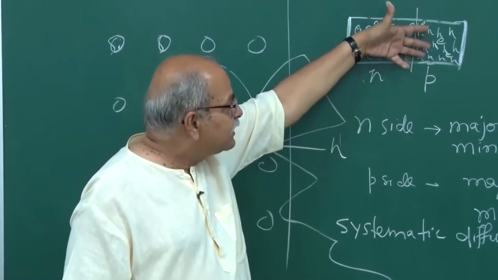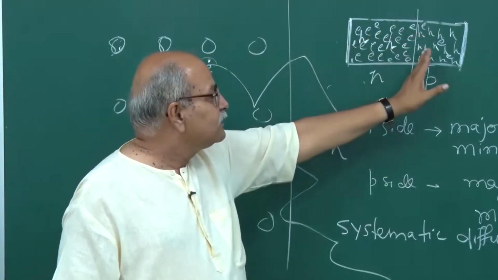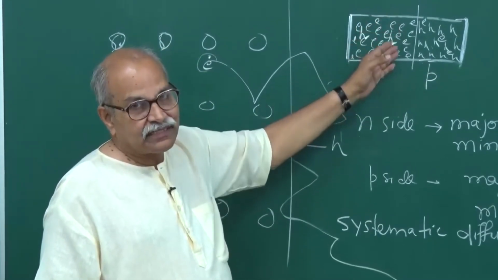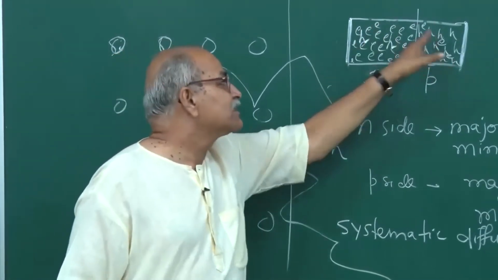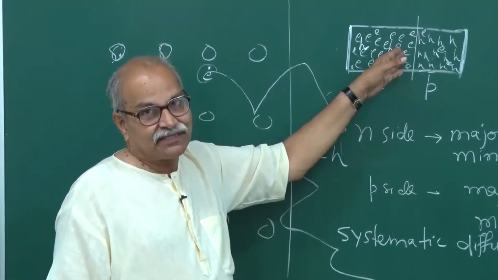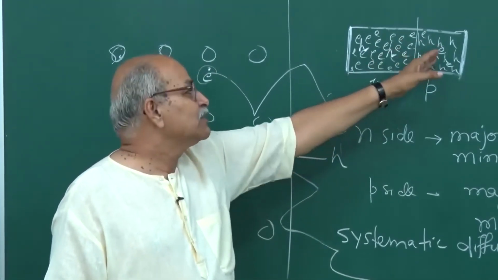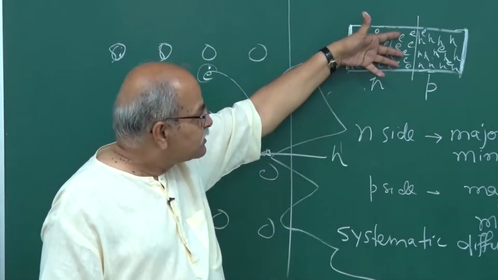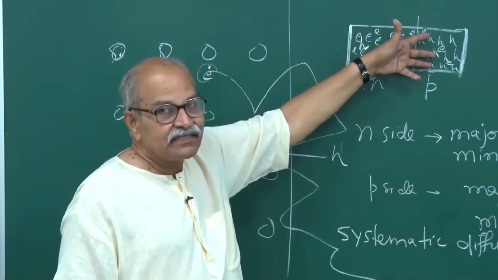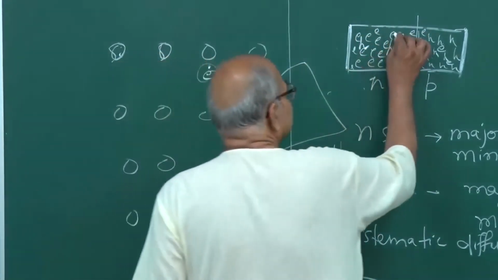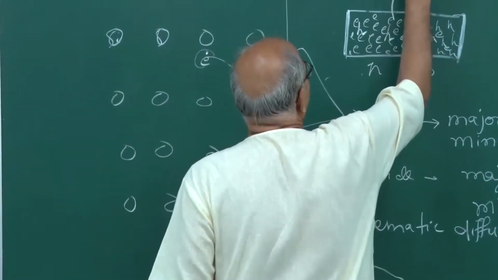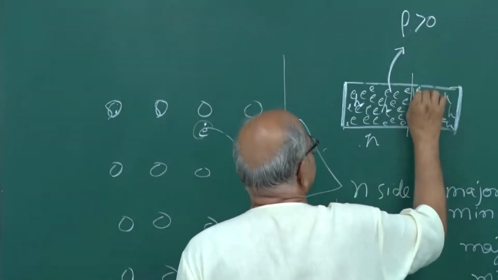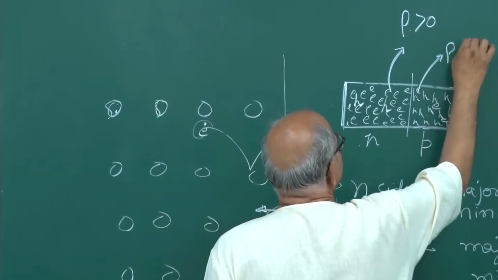They will create a negative charge density here, and then these holes going from right to left will create a positive charge density here. Electrons leaving itself is creating positive charge density. So both ways, holes coming from here, electrons going from here, you will have positive charge density on this side and negative charge density on this side. So you have a charge appearing, rho, which is positive here, and a charge appearing here, rho, which is negative.